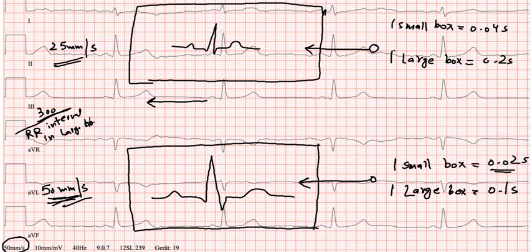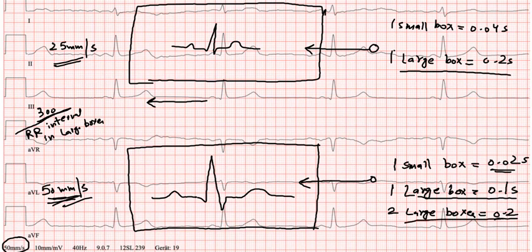But here now one large box is equal to 0.1 second. So we can say that two large boxes is equal to 0.2 second. At 25 mm in the previous ECG, one large box was 0.2 second. Here two large boxes make 0.2 second.